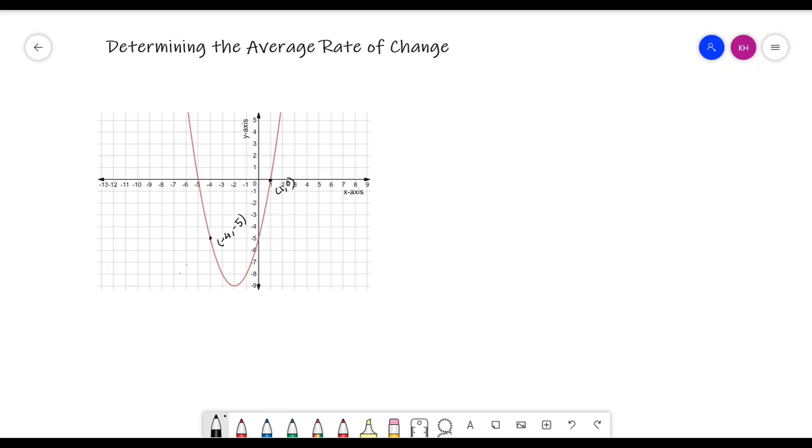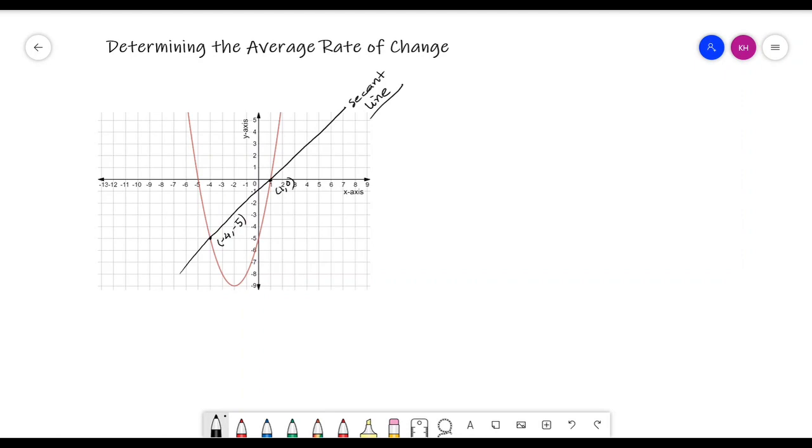If I draw a straight line through these 2 points, this specific straight line is called a secant line. So what is a secant line? A secant line is a straight line that cuts the graph at 2 different points. In this case, it cuts at -4, -5, and 1, 0.